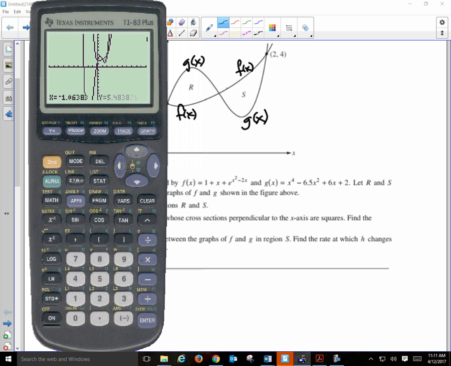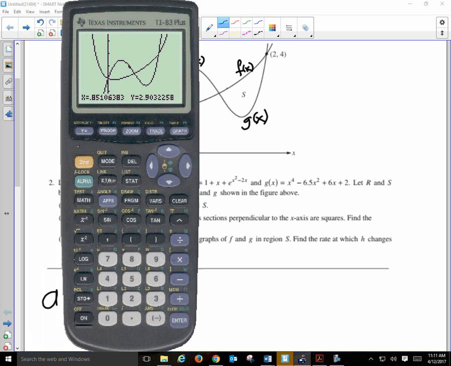This is a calculator problem. And now I get a picture that's very similar to what I've seen on my screen there, okay?